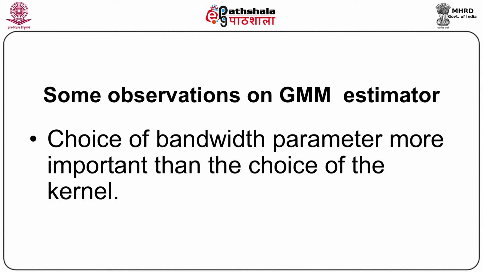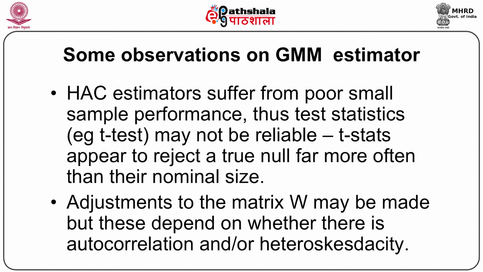Now, the choice of the bandwidth parameter is more important than the choice of the kernel. Now, HAC estimators suffer from poor small sample performance. Thus, test statistics, for example the t-test, may not be reliable.